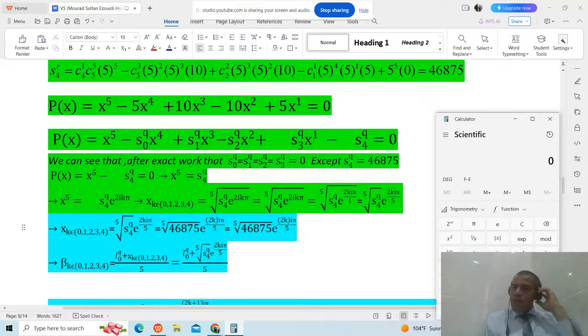I'll check here, 5. I'll make 625 multiplied by 5. What is the answer? Multiply by 5. I keep it. Divide by 2.